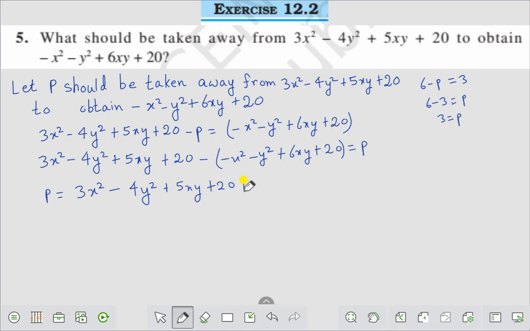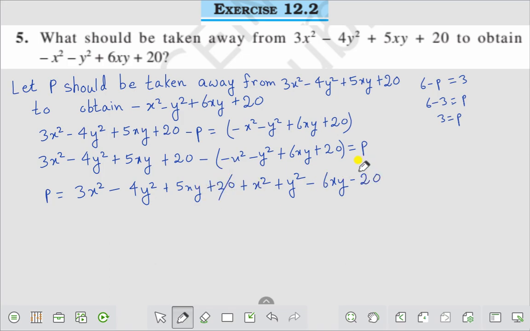Minus into minus is plus x square. Minus into minus is plus y square. Minus into plus is minus 6xy. Minus into plus is minus 20.